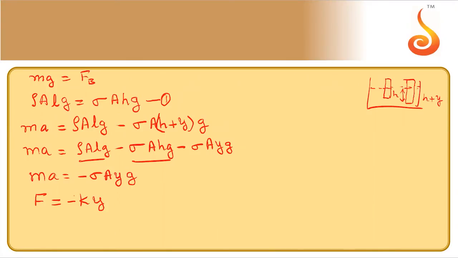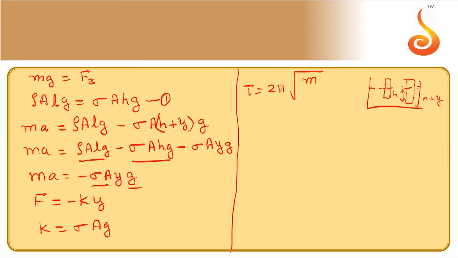So comparing these two, k is equal to what? Sigma a g. So time period should be 2 pi root of m by k. So in the place of k, substitute this. Sigma a g.